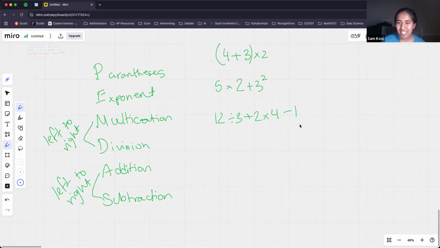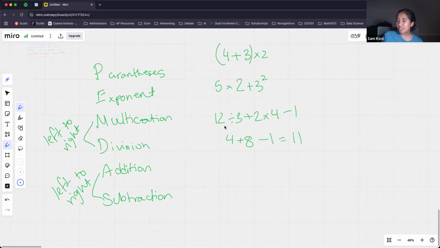All right, I see a lot of people saying 11. Okay, so first we're going to start off with the division since they're the same level. So 12 divided by 3 is 4 plus, then we take care of this 2 times 4, which is 8, and then minus 1, which is equal to 11.